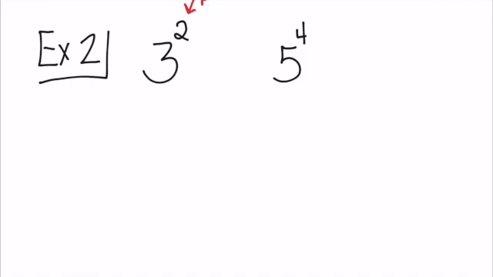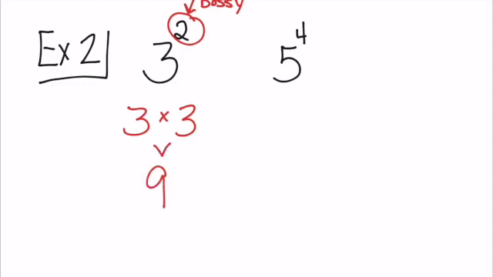We call that little number bossy. It tells you what to do. So we take the 3 and write it 2 times. 3, 3. And what we do to those is multiply them. So 3 times 3 is 9. So 3 to the second power, or we can also say 3 squared, equals 9.